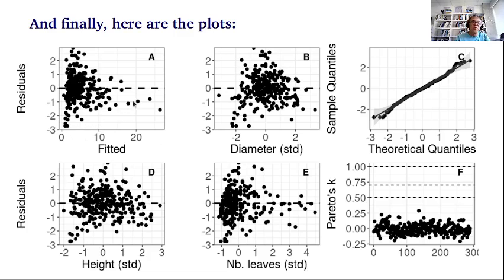Plot A shows more or less a triangular shape. This triangular shape indicates a heterogeneity in the values of the residuals: a very large variation of the residuals for low fitted values, the predicted values of y, whereas this variation decreases as we increase the predicted value of y.